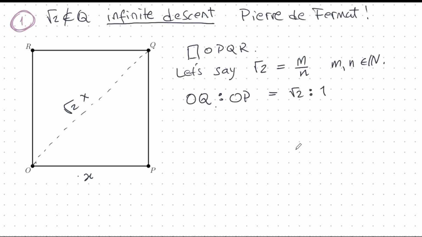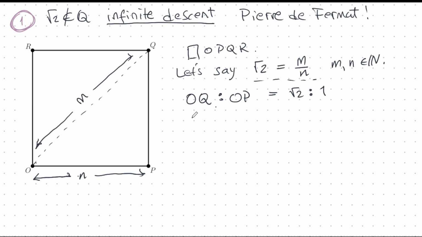So if this is true, then I can find a system of units where this is n long, n centimeters, or whatever units I choose to make this exactly n. If I do that, then this will become m.